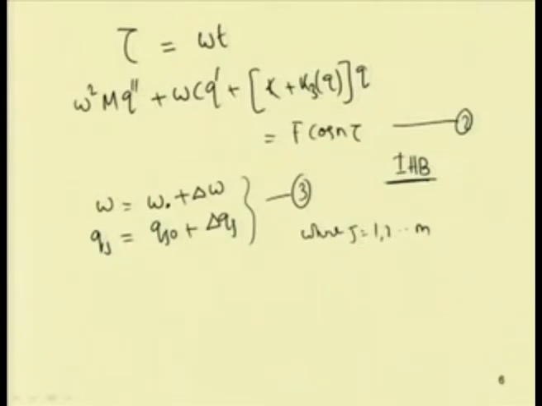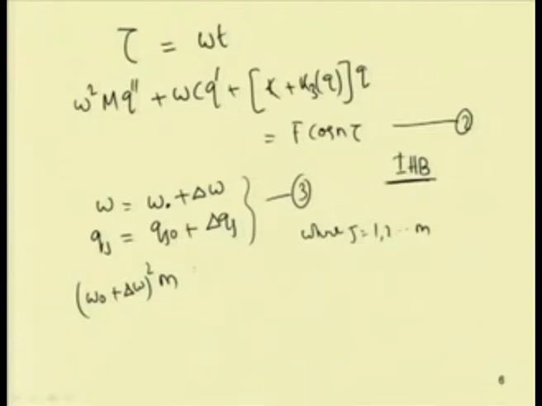Let me take a single degree of freedom system. In this case it will be omega 0 plus delta omega whole square m, for q double dash.